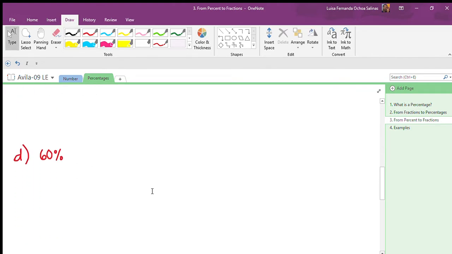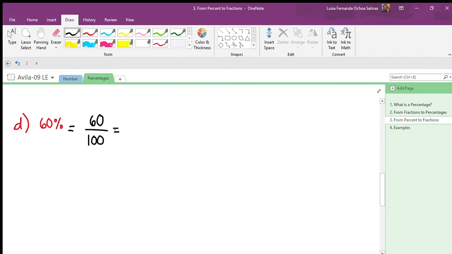Okay, what other one do I have here? 60%, which is the same as writing 60 out of 100, and if I use my calculator, it's going to be 60 out of 100, which is equal to 3/5.